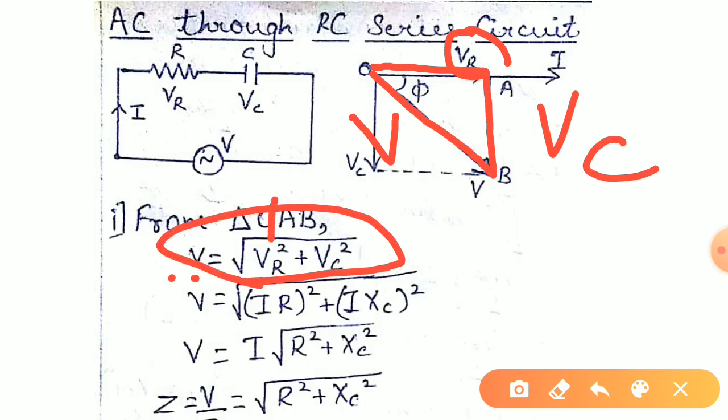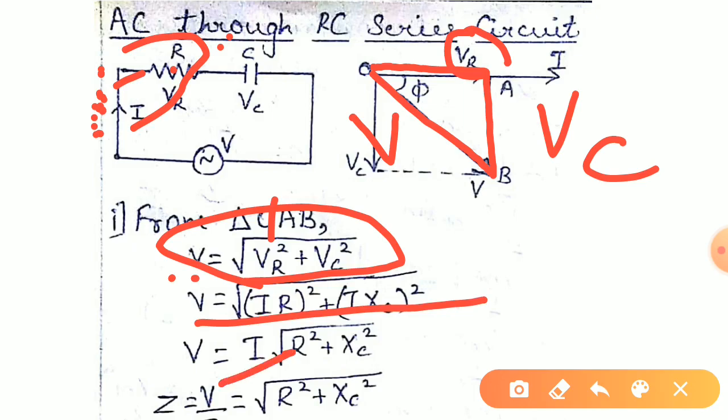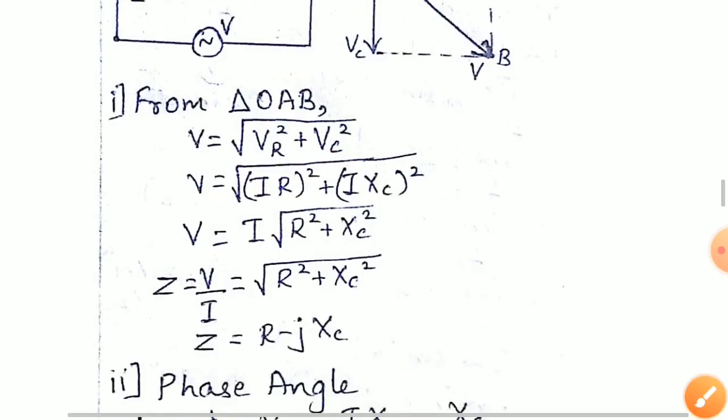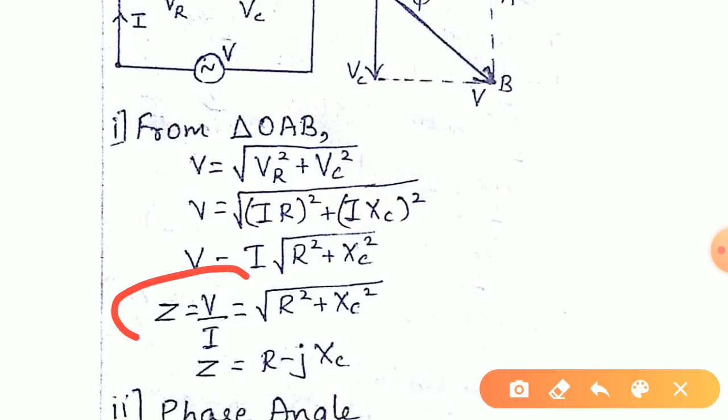We know the value of VR as I into R, and VC as I into XC. Now if we substitute IR and IXC in the formula, we can take I common and we get Z equal to V by I, which is equal to root over R square plus XC square.